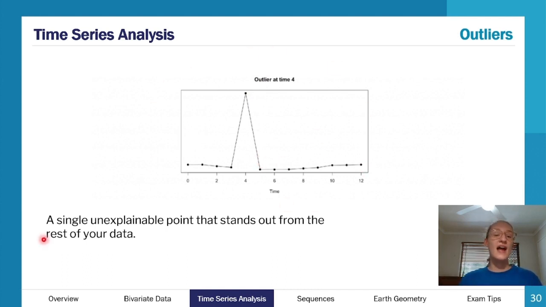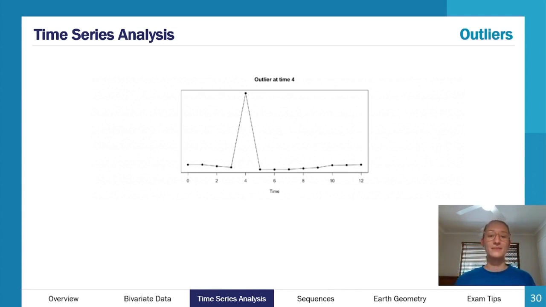However, here with our outlier, we have a single unexplainable point that stands out from the rest of your data. This is going to be really important to take into consideration when we are discussing our time series plots, because that is a factor that's very much influencing our data, and it's something to be able to discuss when we're looking at patterns and what we see.